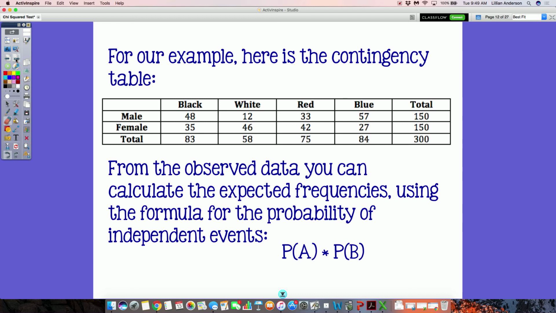Now, from this observed data, you can calculate the expected frequencies using the formula for probability of independent events: the probability of A times the probability of B. Now, you do need to know how to determine this, okay? Will the test question ask you to find all of the expected frequencies? No. They might only ask you to find one, but you do need to know how to find it. It's a very simple process, okay?